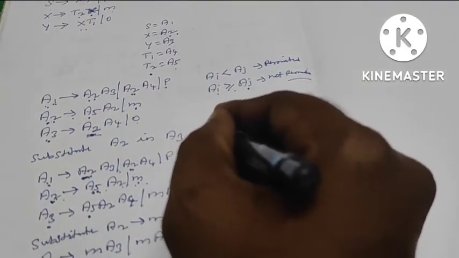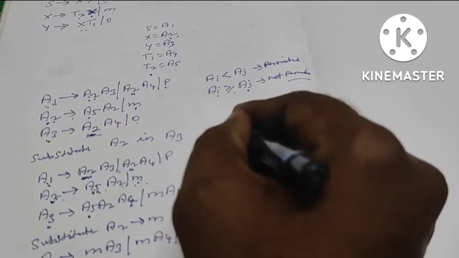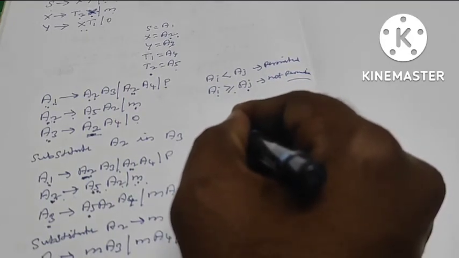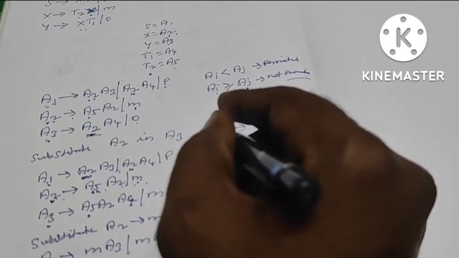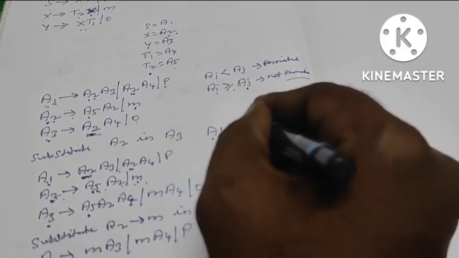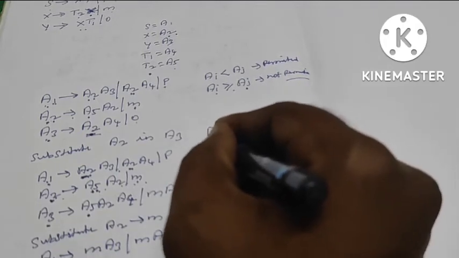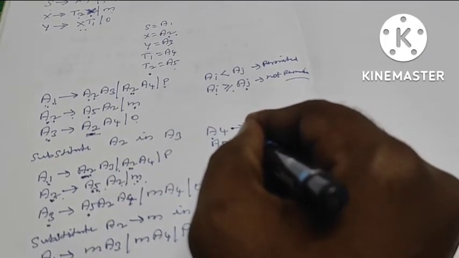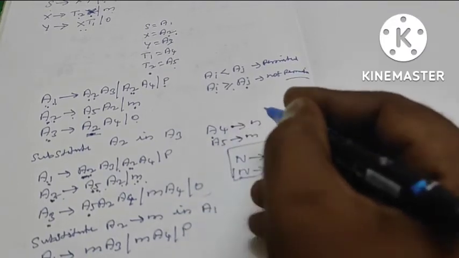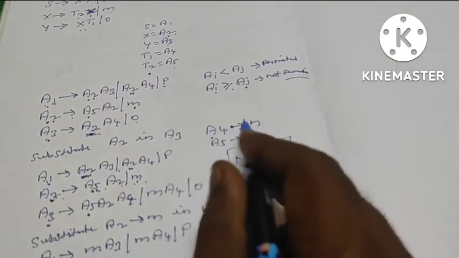Here we have to write what A4 is. A4 is T1, so T1 can be replaced by the production N, and A5 is T2, and T2 can be replaced by M here, because we missed these productions.